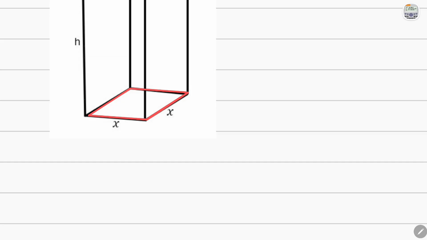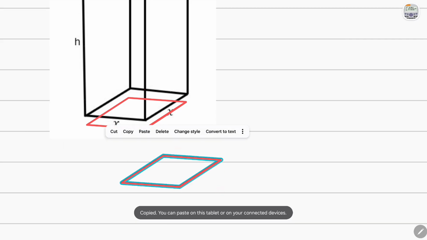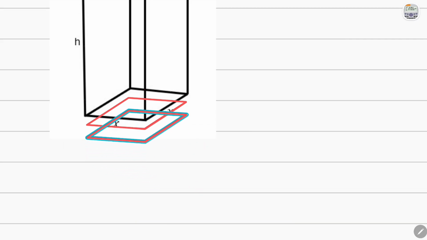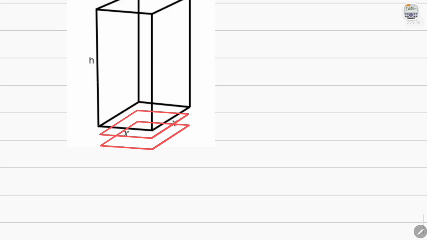And if we're going to put a triple layer at the base, it just means this base should have 3 of whatever it used to have. So it used to just be x by x, and now it's going to have another layer and then another layer as well. So we're now going to also have to account for the material that will be used for those 2 added layers. So including this one, it's now 3 layers at the base.